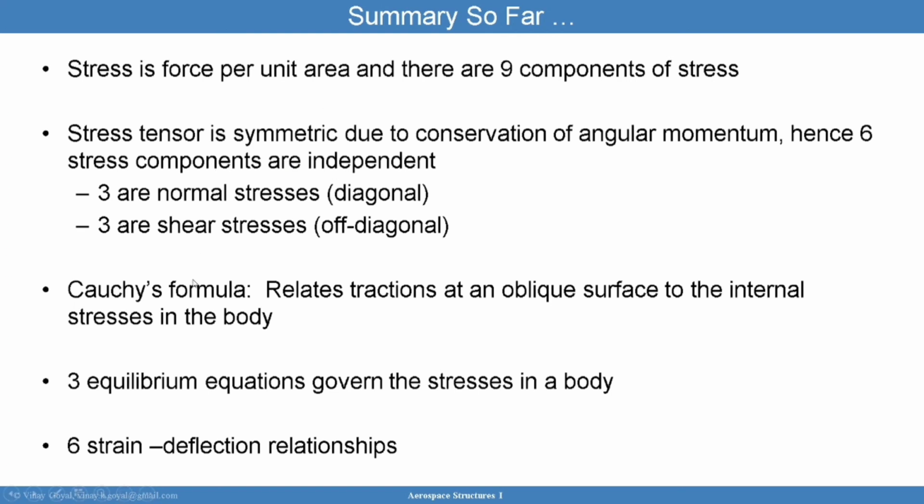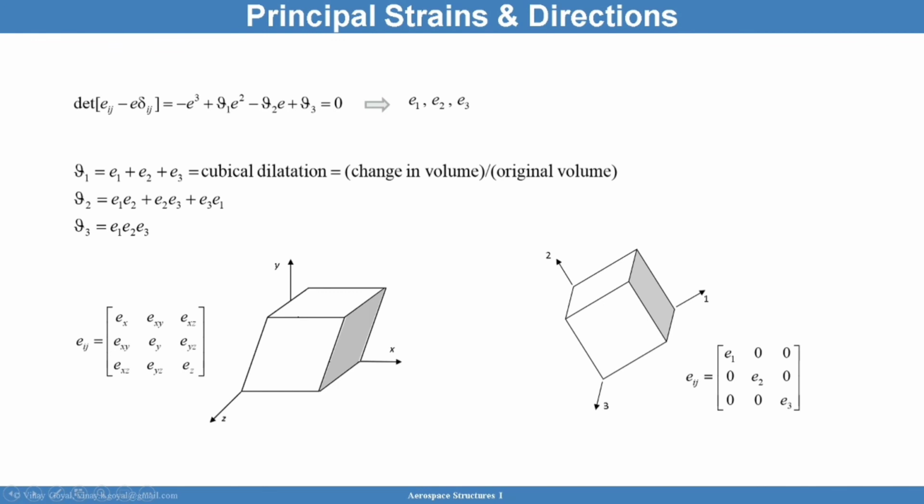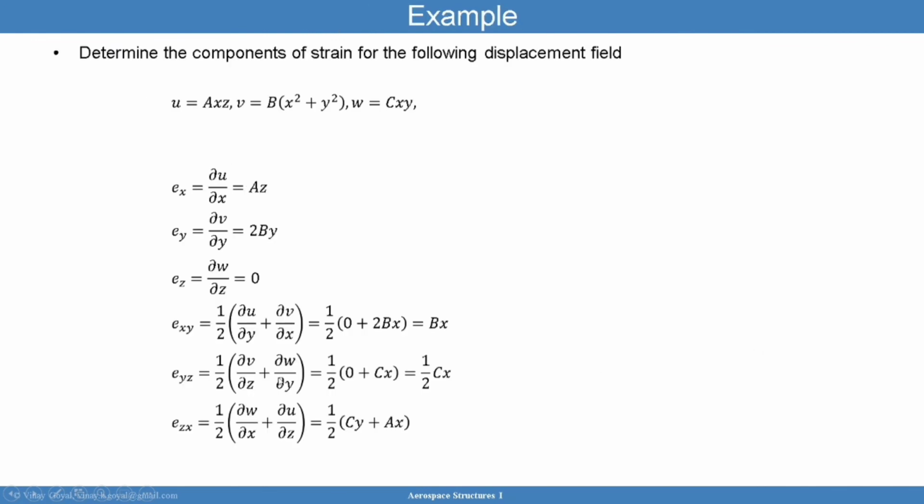We also showed how we can use Cauchy's formula that relates tractions at an oblique surface to internal stresses in the body. We also demonstrated that there are 3 equilibrium equations that govern the stresses in the body. We also have 6 strain-deflection relationships, which were discussed here. You can see them here on the left-hand side.